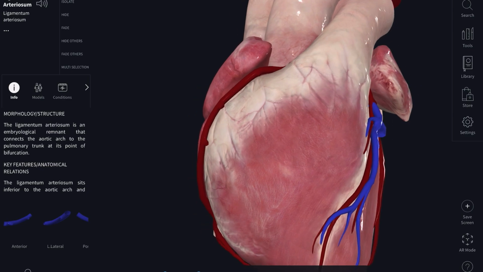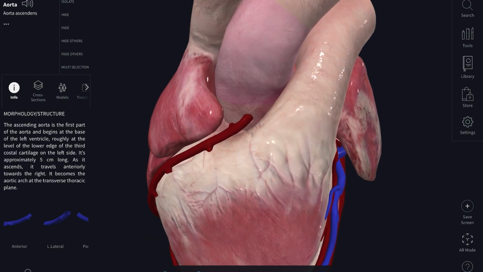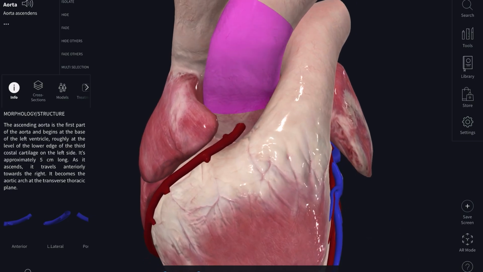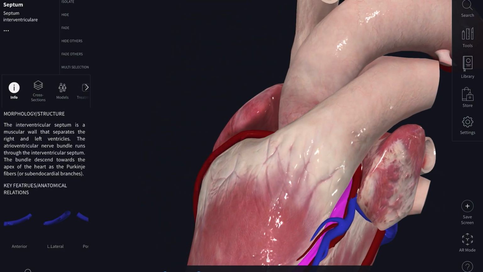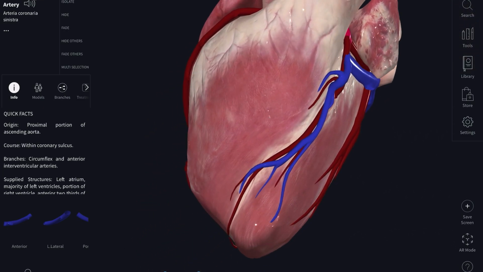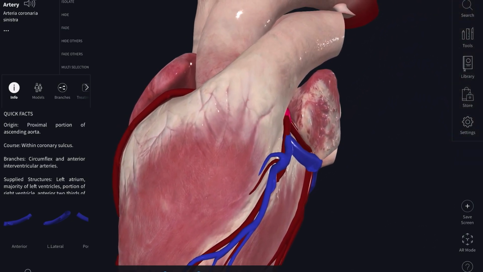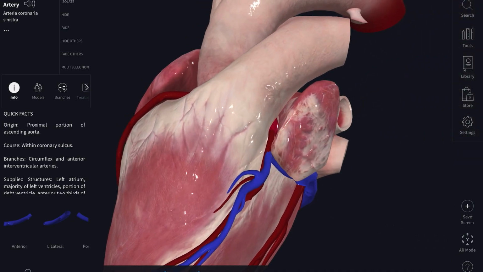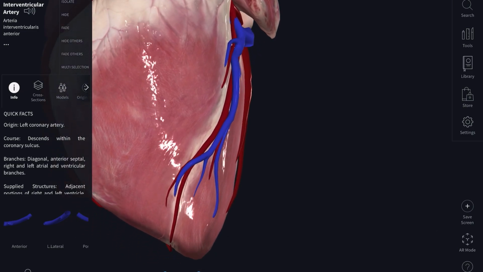But to the left of it, we're looking at the aorta, and we know that just past the aortic semilunar valves, we're going to get the coronary arteries. Those coronary arteries are going to supply the blood to the heart. So if we look at the left coronary artery, which is just right here, that's going to give blood to the anterior interventricular artery.